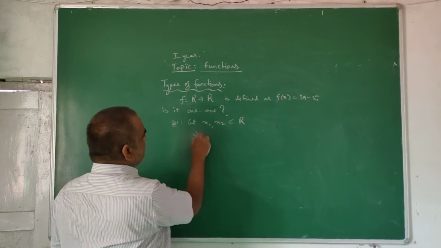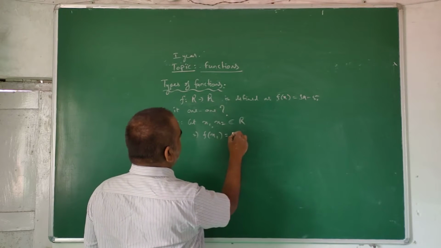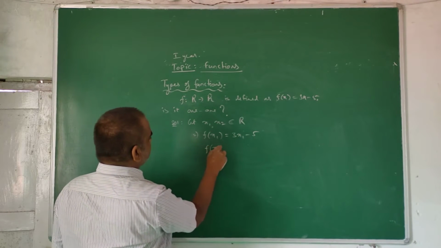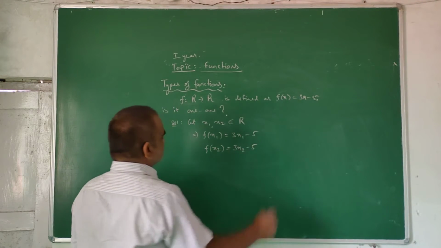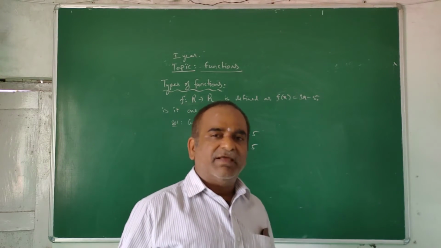Then by definition of f, we get f of x1 is equal to 3x1 minus 5 and f of x2 is 3x2 minus 5, because f of x is equal to 3x minus 5.